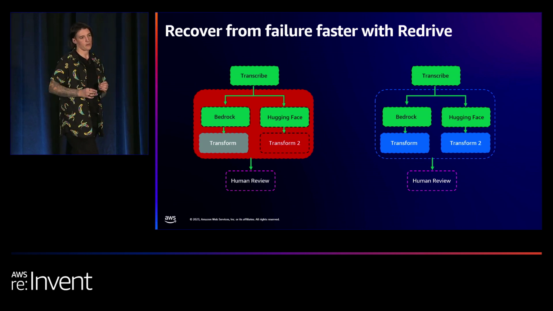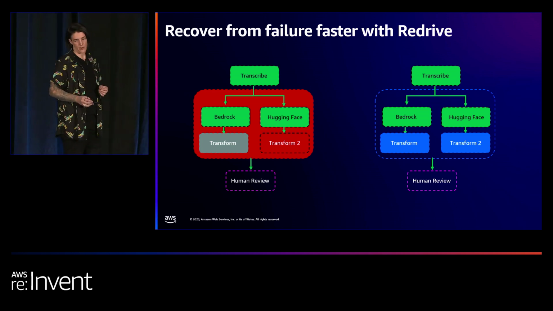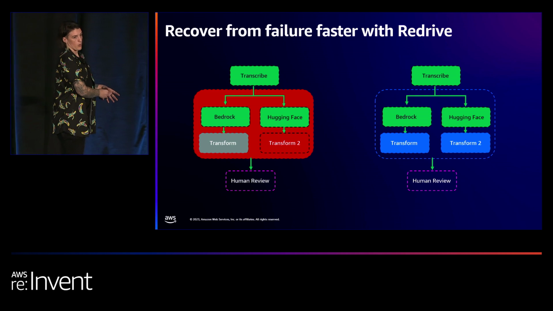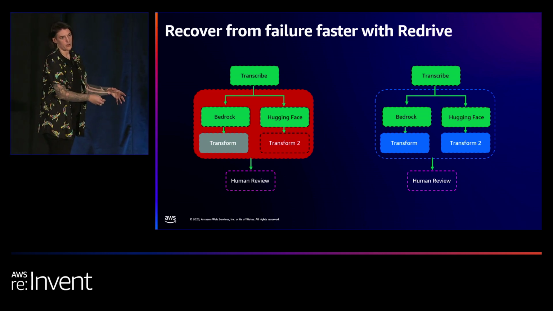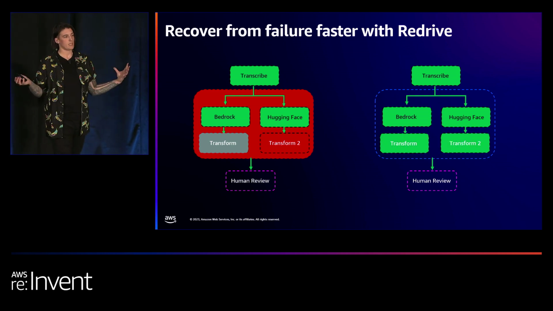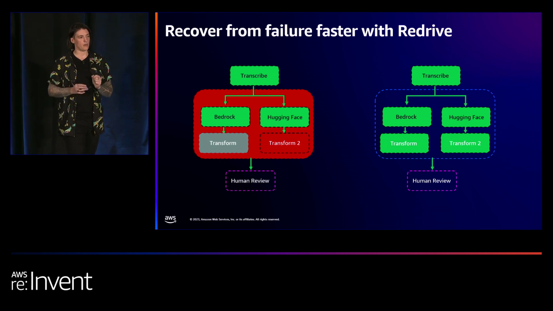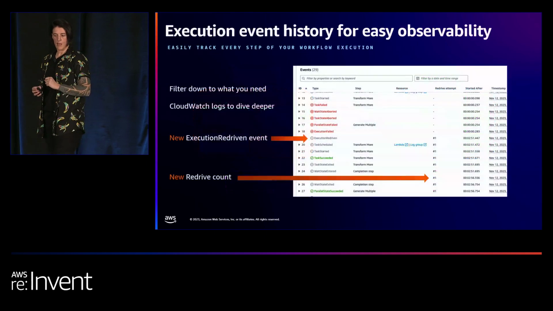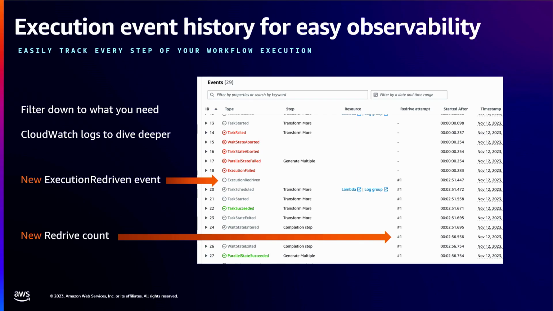So now our transform 2 step is actually redriven. Our transform 1 step that was previously aborted because it didn't complete is also redriven. We end up with success. There's no need to redrive the Bedrock API or the transcribe job ahead of time, and then ultimately that workflow completes successfully. So this allows you to recover a lot faster.